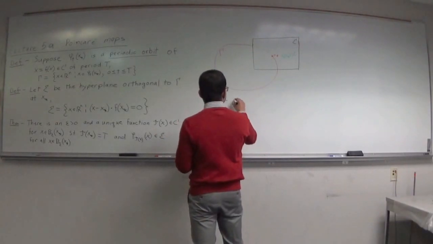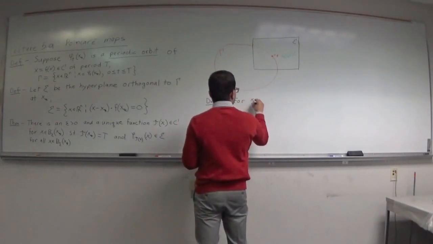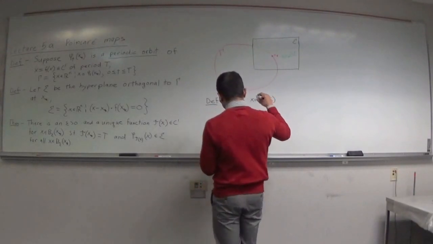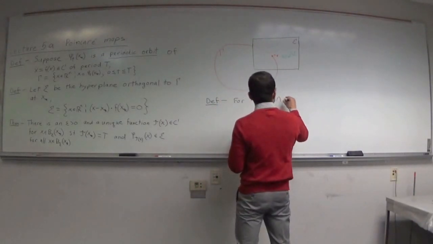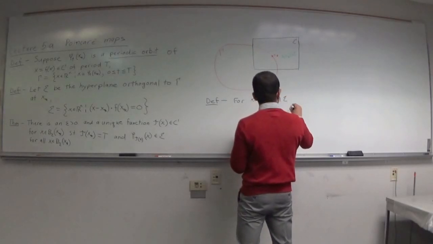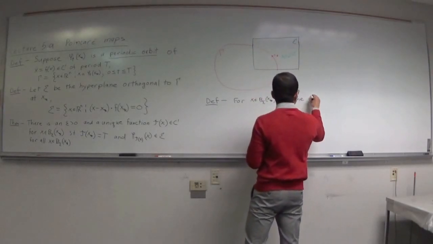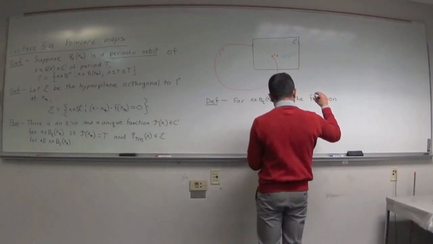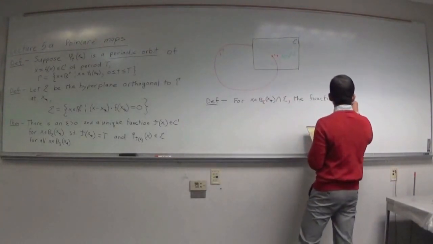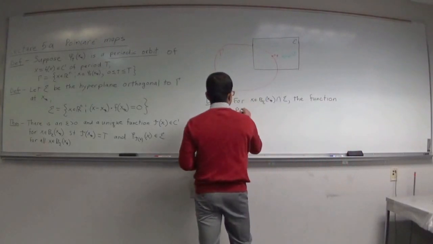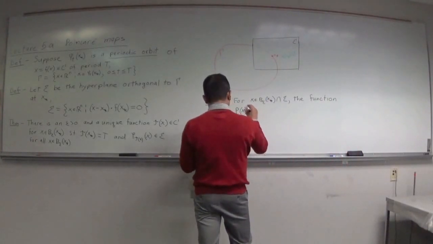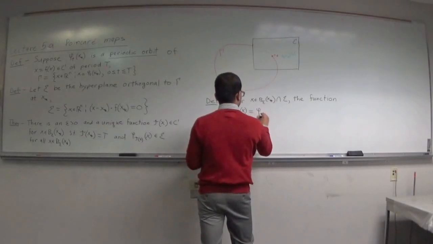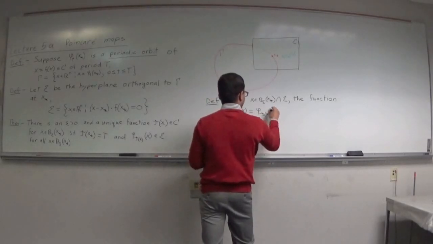So we're saying for x in this ball that's intersecting sigma, the function p of x, which is going to equal phi tau of x.